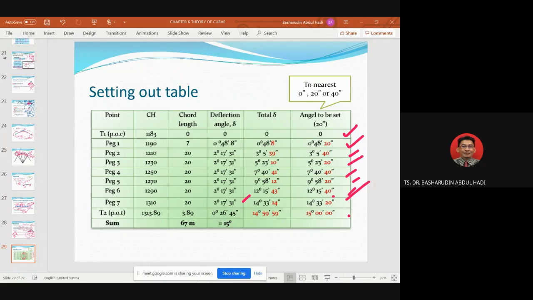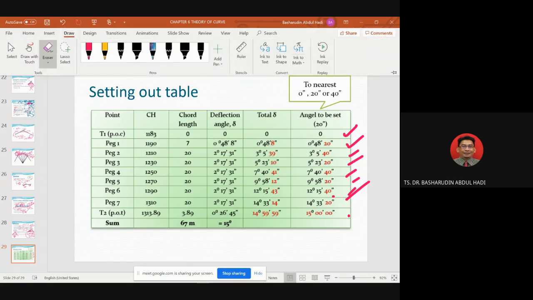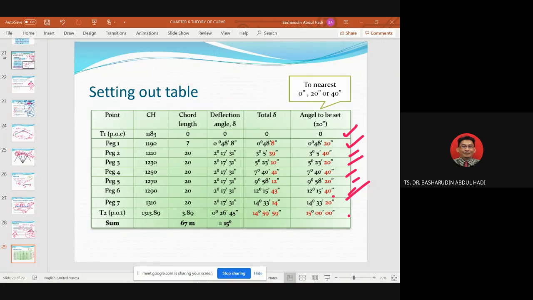Let me erase for you. Because of chord number 1, we don't start again, but we put it in the table. We never start again. So still 1183, 0 chord length. We don't start first; we call the value first. Then we start with 7 meter, and then deflection angle 0 degree 48 minute 8 second.